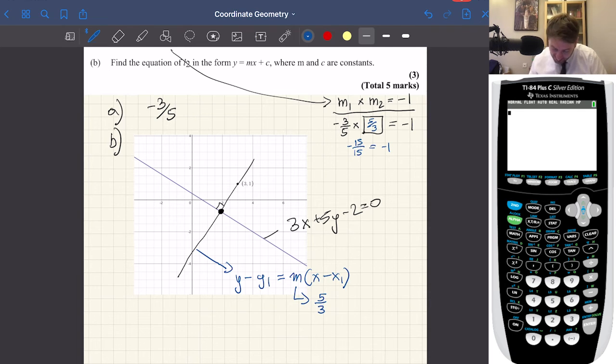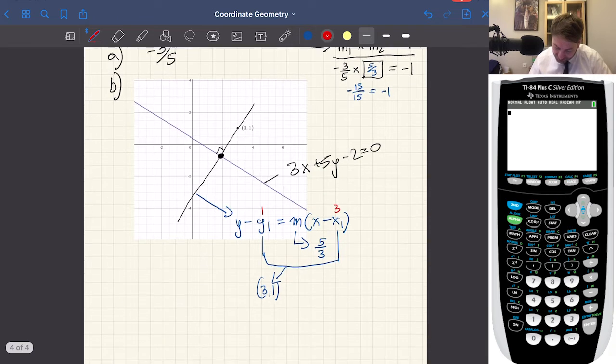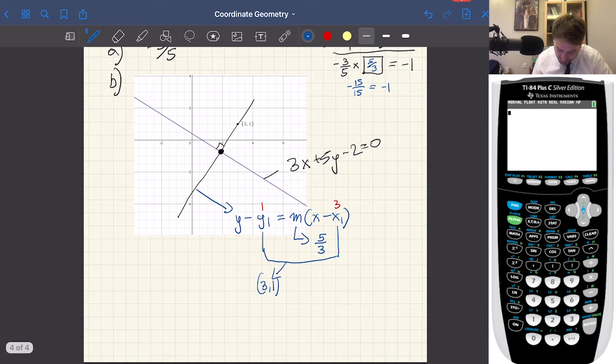And we now need to figure out, is there any coordinate that we know that this perpendicular line goes through? Well, we do know this coordinate, right? It is 3 and 1, so we're going to use this coordinate. This is going to be my y1, this is going to be my x1, so let's write this now.